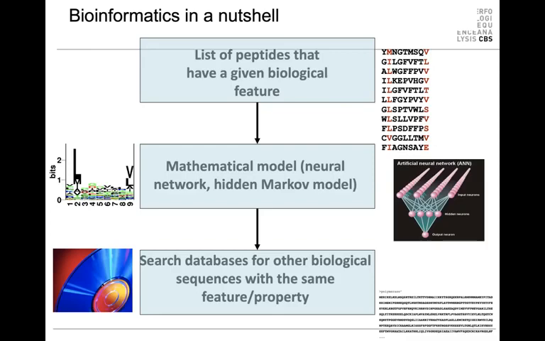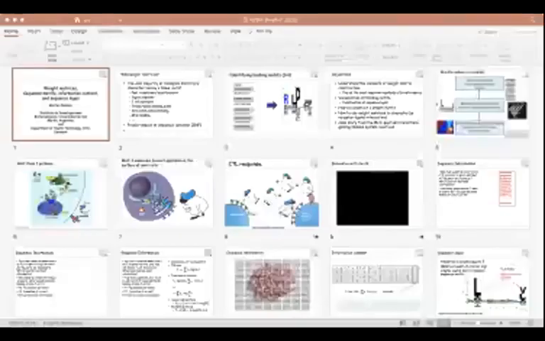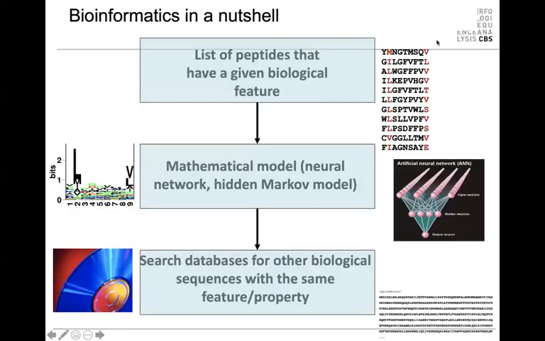So we have done that in my research over and over again, and here the example is from peptides that bind to a very important immune system receptor called MHC. That MHC molecule displays peptides to the immune cells, the T cells.